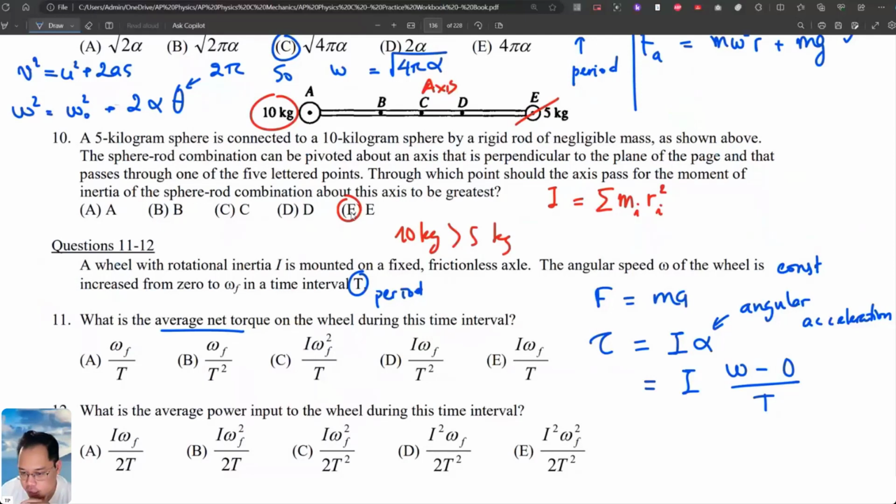So the answer is I times omega over T. Omega here means omega final after one revolution over T. Answer E.